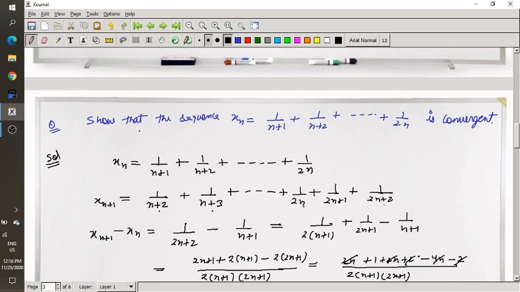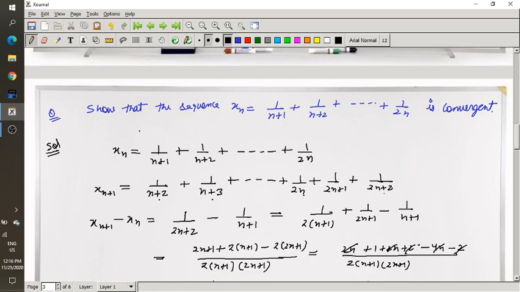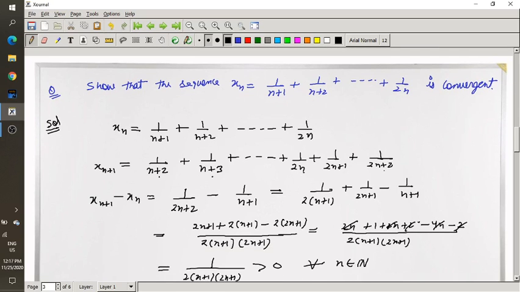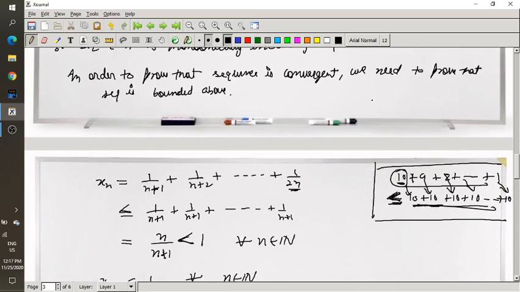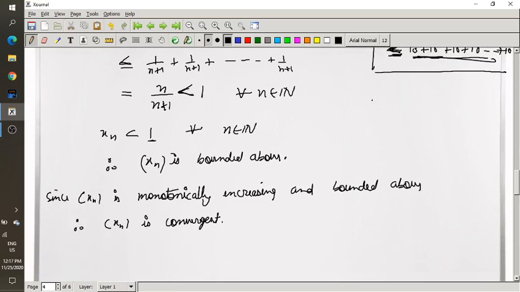We have not proved that it is converging to some limit L, right? So this method will be used only when we need to prove that this is a convergent sequence. If we want to prove that it is converging to some limit L, then we will use some other ways. Okay, so I hope the idea is clear, right?